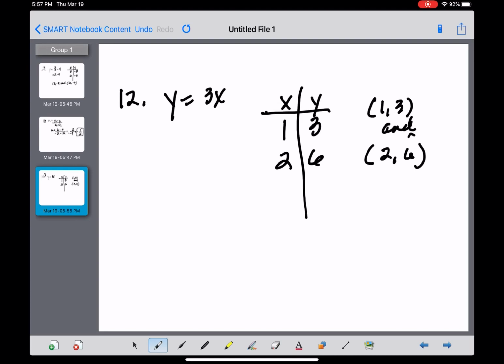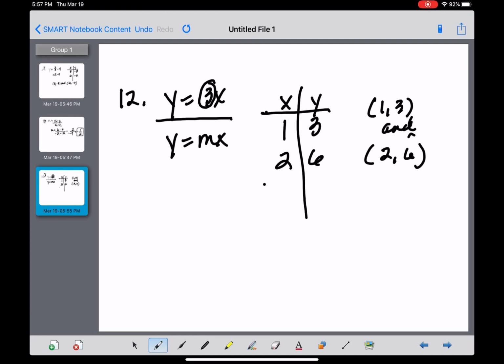The second part of that question asks you to interpret the slope. Well, the slope of this line, y equals 3x, is 3. Remember, this is in the form of y equals mx. So what does that slope mean? It means that each week, which is x, you take 3 cello lessons for a total of y.